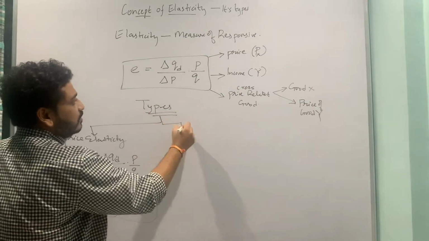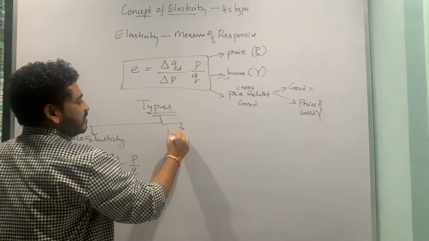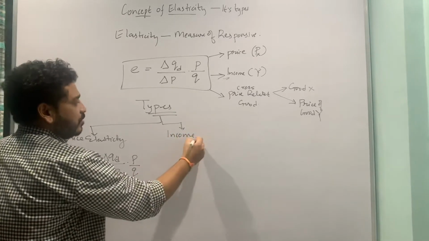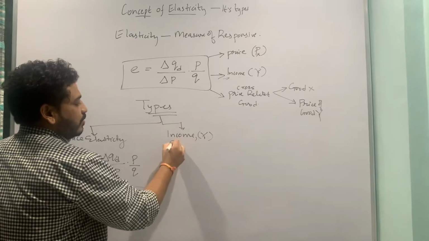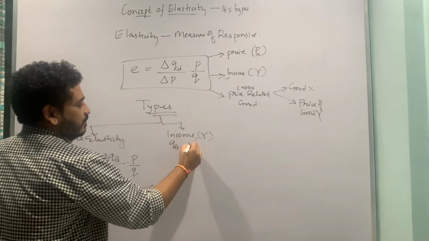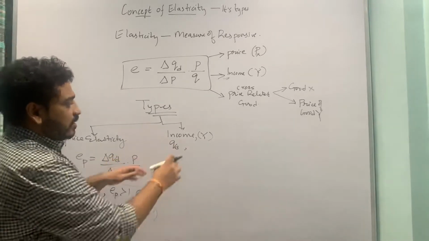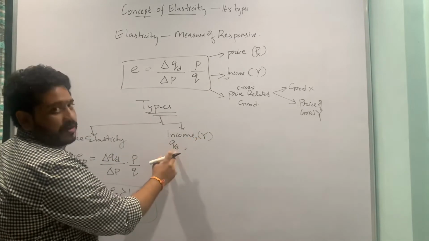Now, income of the consumer. Let us denote income by Y and quantity demanded by QD. We are talking about the effect of income on quantity demanded of a particular commodity.